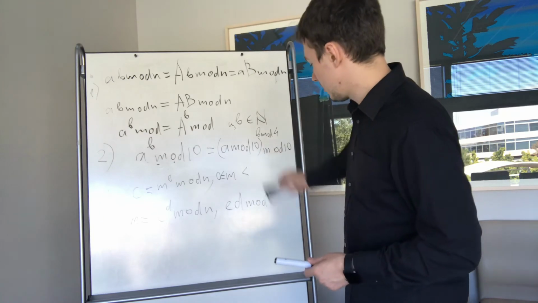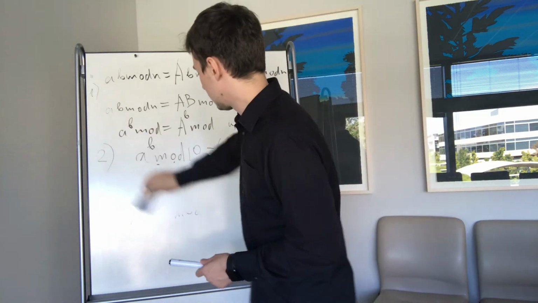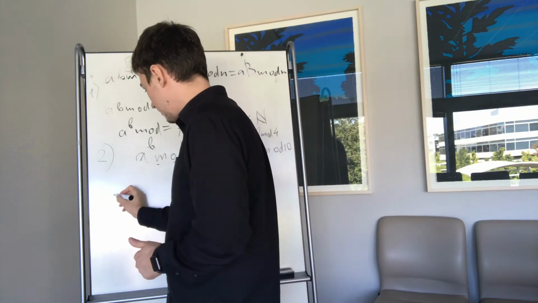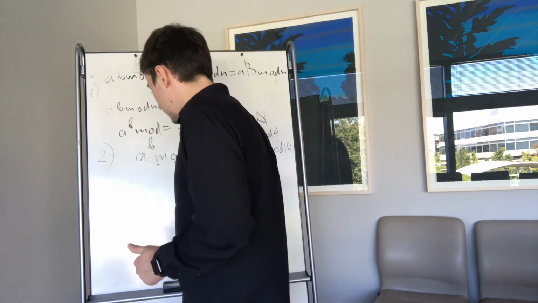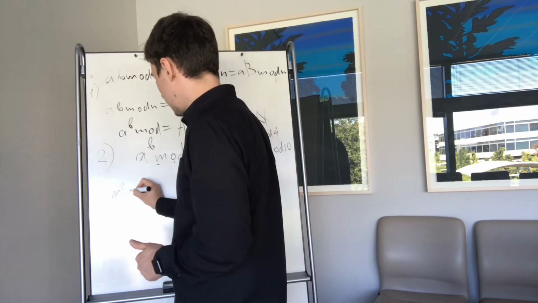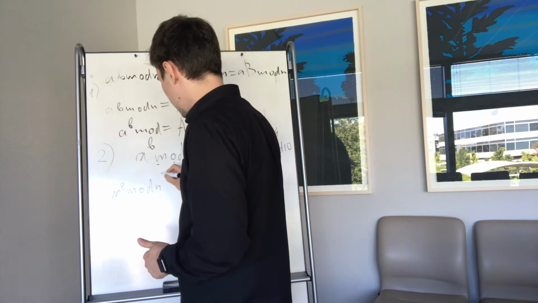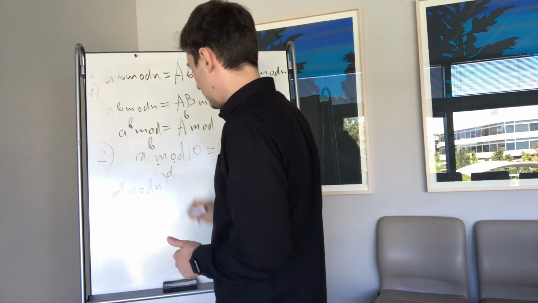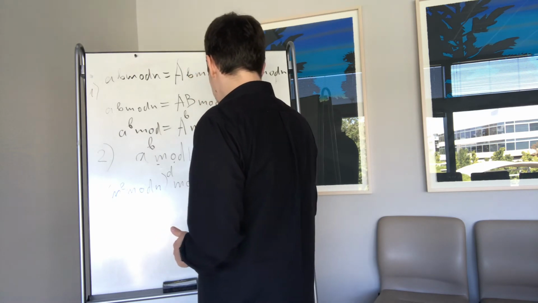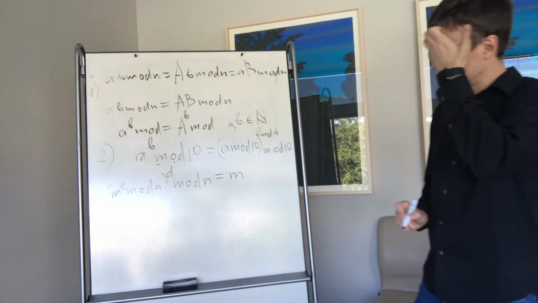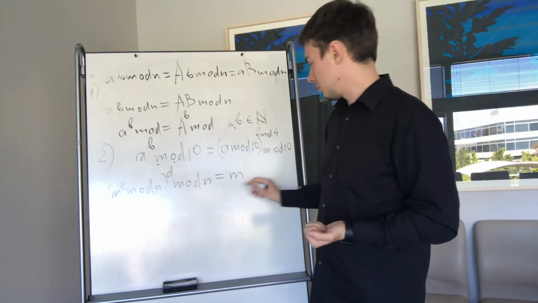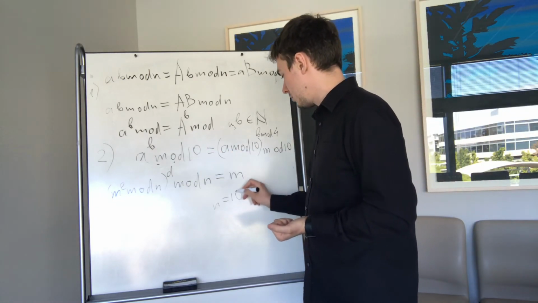What does all this mean? This means that we have to prove that M power E mod N, power D mod N, equals M. And now I would like to prove this formula for N equals 10.